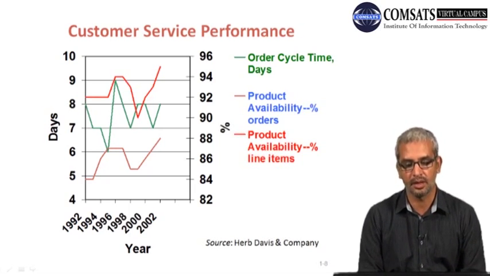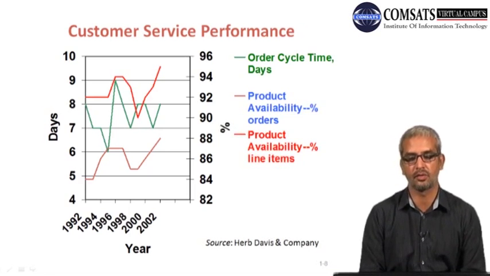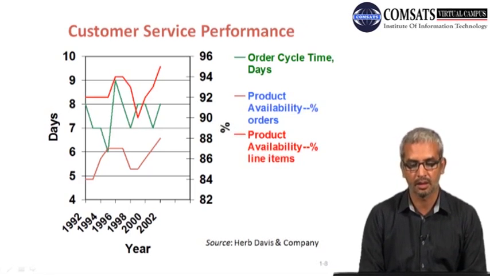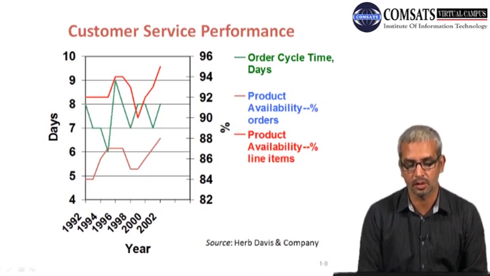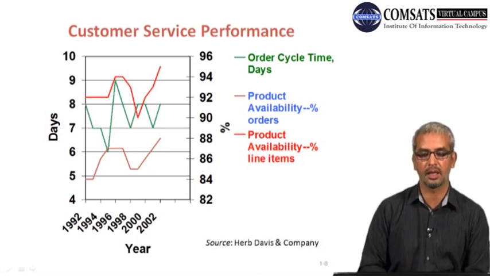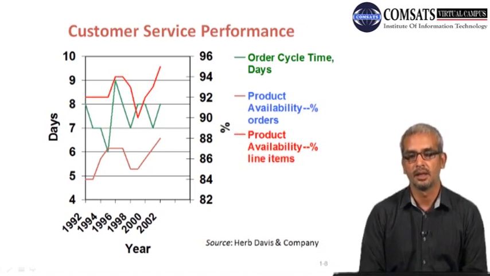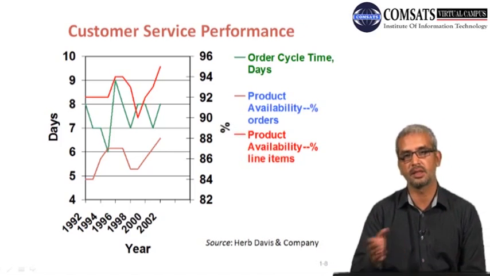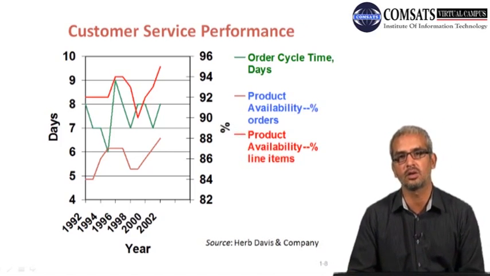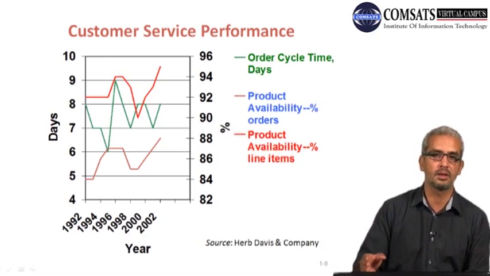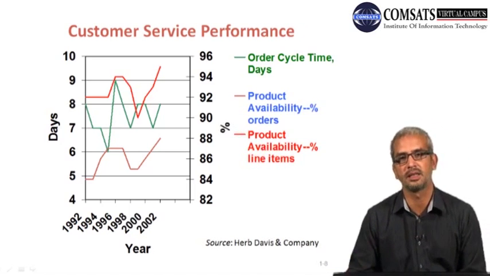Then product availability as a percentage of total orders has risen to 88%. The point is that customer service expectations have increased a lot over time, and customers are demanding more from the supply chain process.